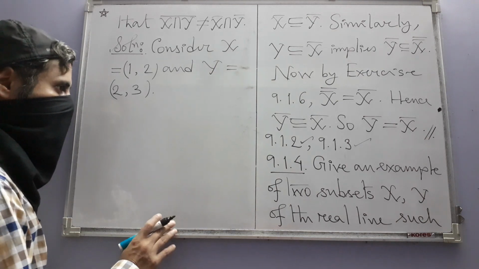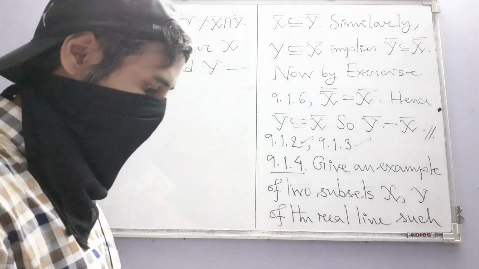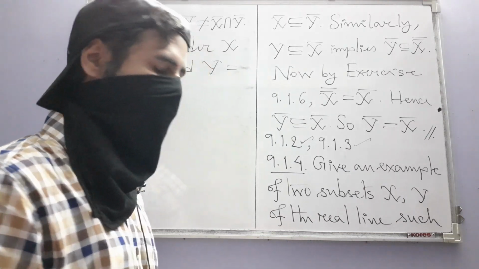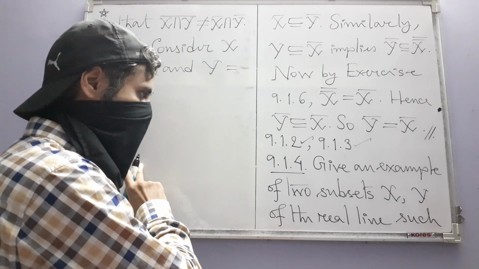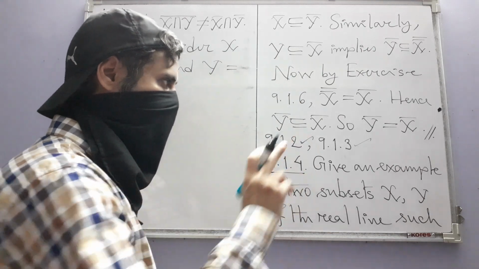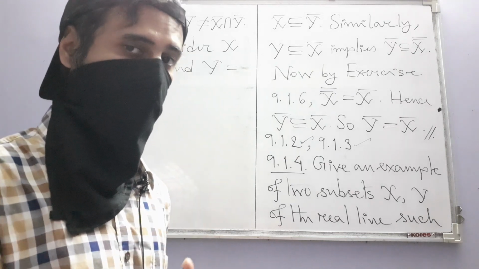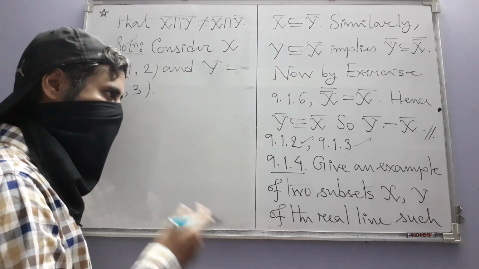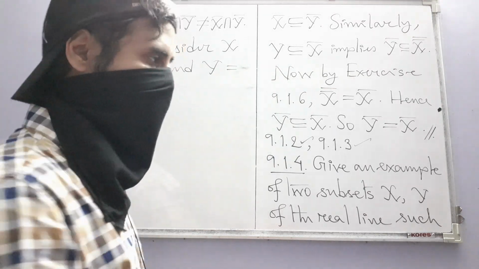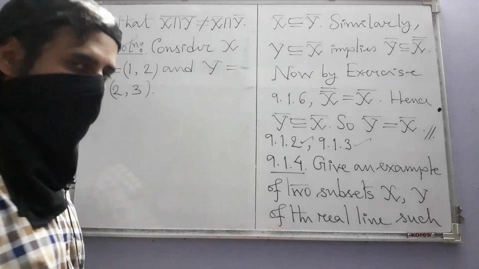Now we have already proved in one of the results, I think it is lemma 9.1.13, that the closures of all of the four types of bounded intervals, that is any open interval or half open interval or the closed interval, the closures of all of them equals the closed interval.